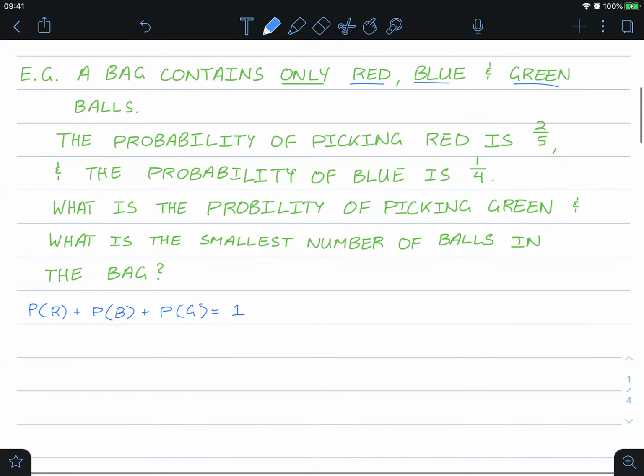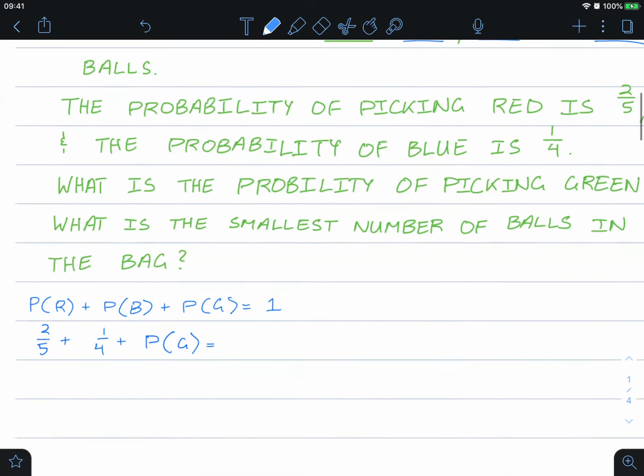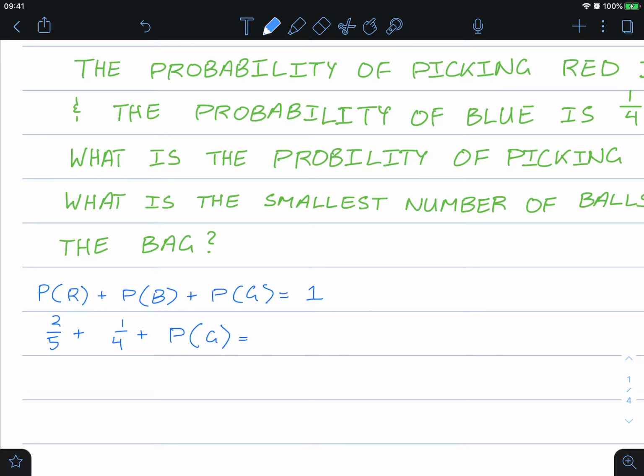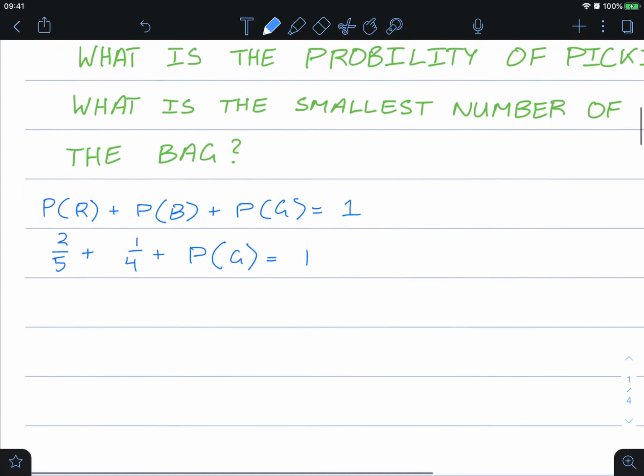Well, the probability of red is said to be 2 out of 5. The probability of blue is 1 in 4. And we don't know what the probability of green is. Well, we do know it must add up to 1.